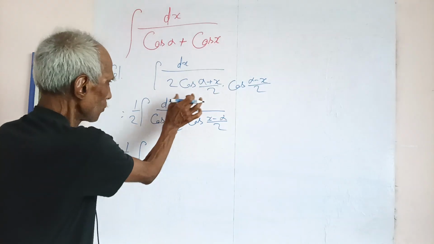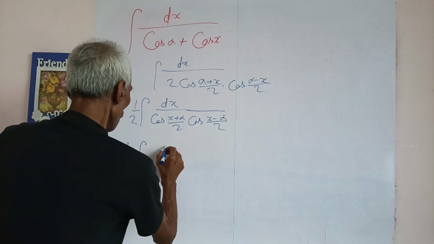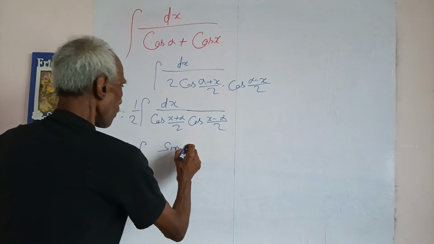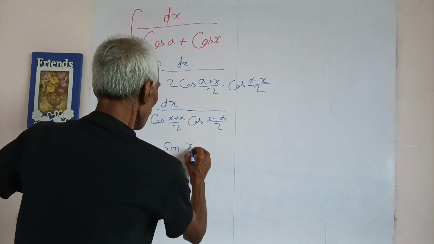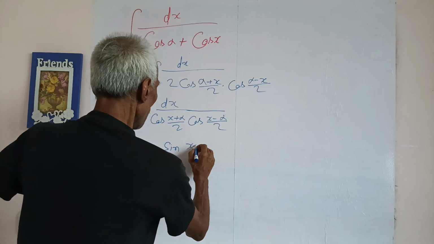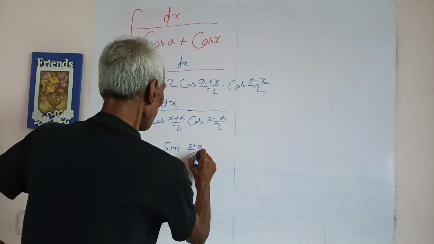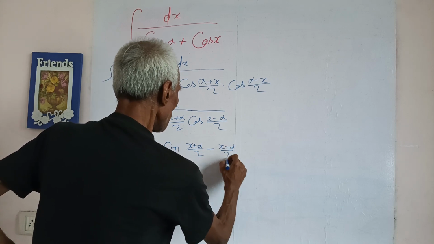So set here as sin of (x plus alpha by 2) minus (x minus alpha by 2).